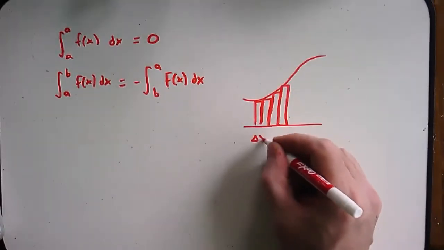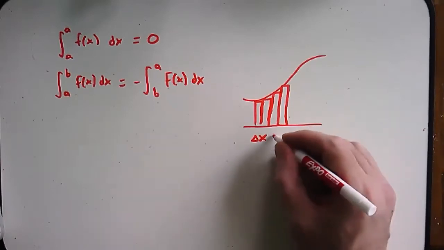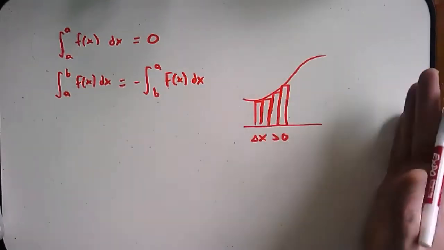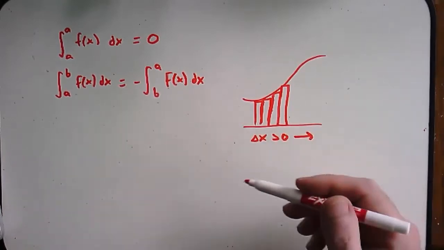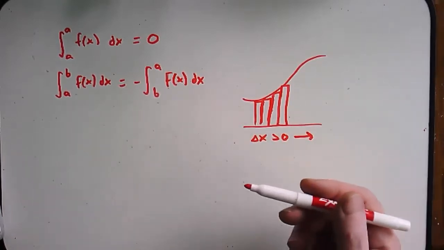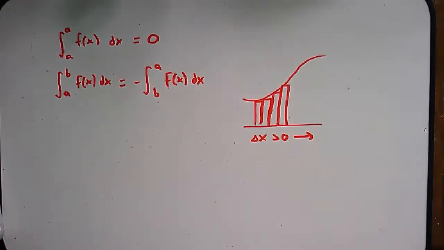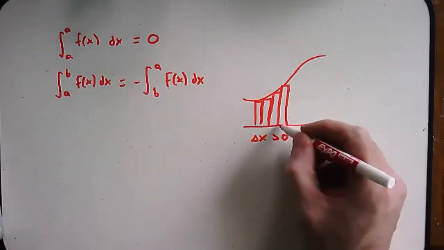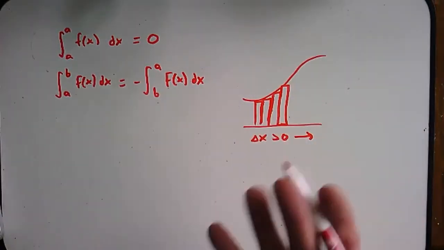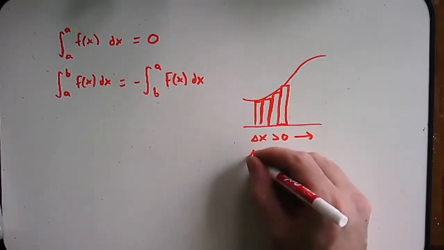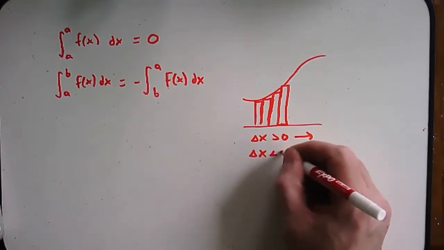That delta x would be a positive number if we go left to right. If we go right to left, then the change in x is actually a negative number. And so as we calculate the area of rectangles by multiplying that width times the height, each one of those rectangles would count as negative area if we go right to left.